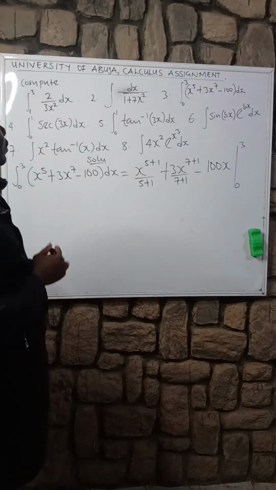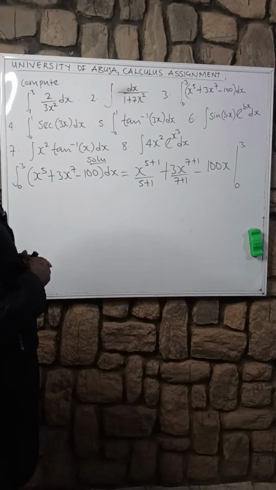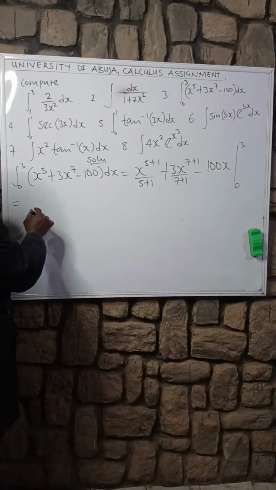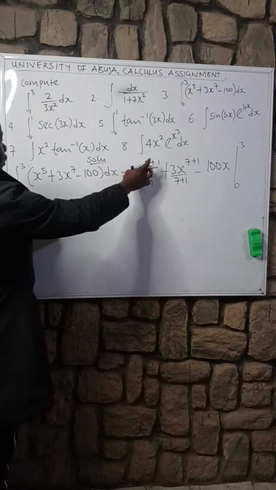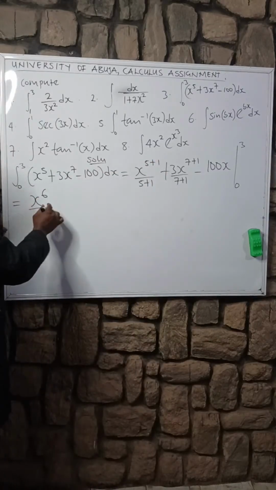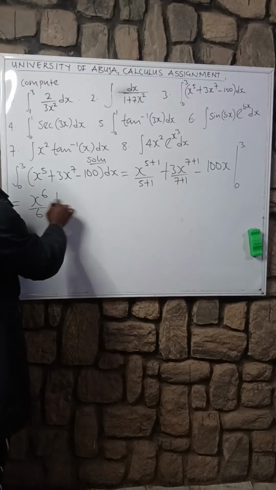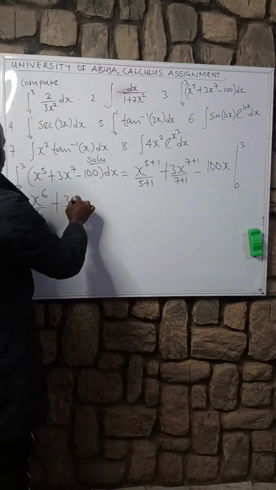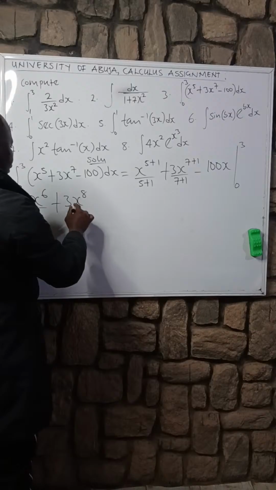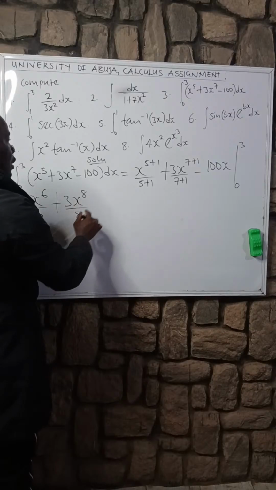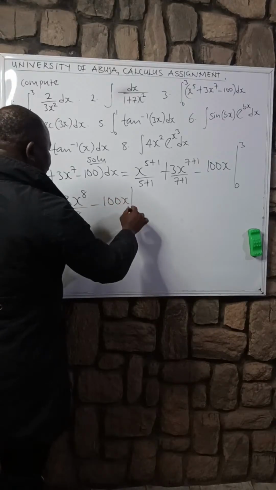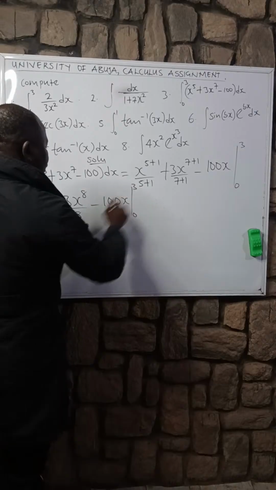So far, so good. So what you need to do here is as simple as ABC. So this will give us x raised to the power 5 plus 1, 6, all over 6, then plus 3x raised to the power 7 plus 1, 8, all over 8, then minus 100x at 0 to 3.